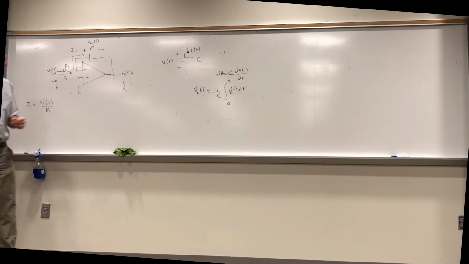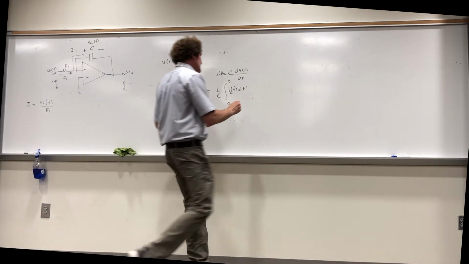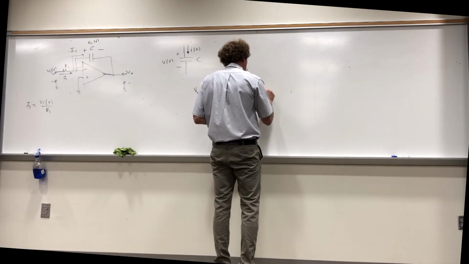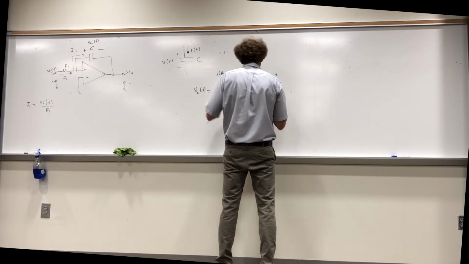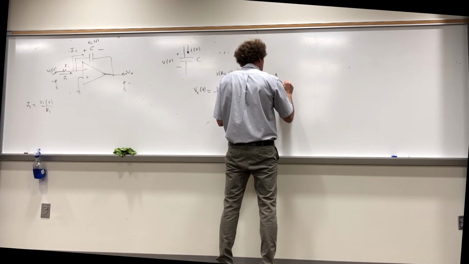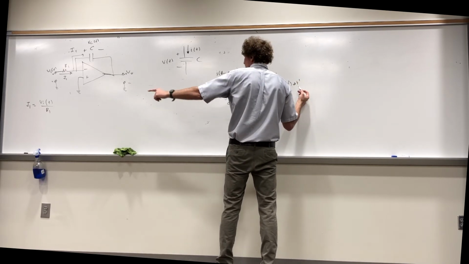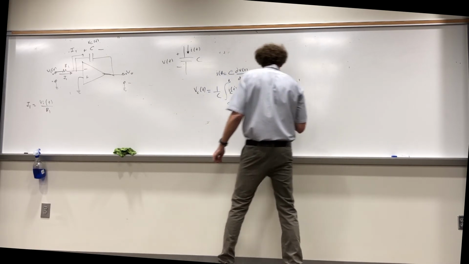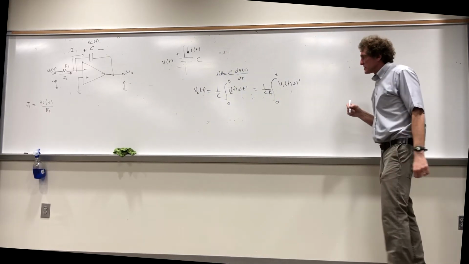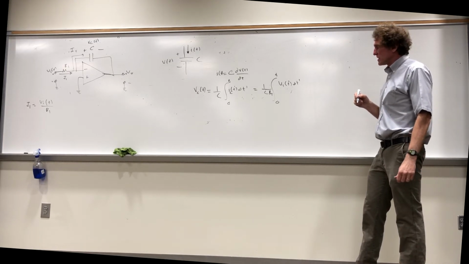So that current must flow this way, and I can stick that in here, and I can say that Vc of t is equal to 1 over C, the integral from 0 to t of that, which is Vin of t prime, dt prime, and instead of dividing by R and leaving it there, I put it out in front. So now I can say Vc of t is equal to the integral from 0 to t of V input of t prime dt prime.